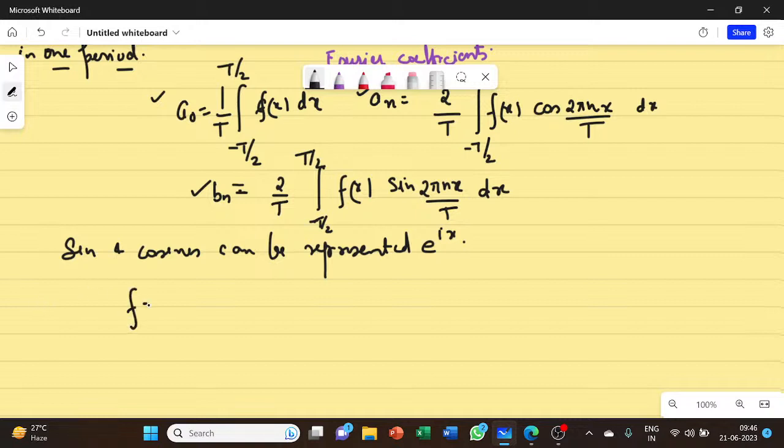So I will finally get that my f(x) can be written as a naught, then I can write summation n equals 1 to infinity.